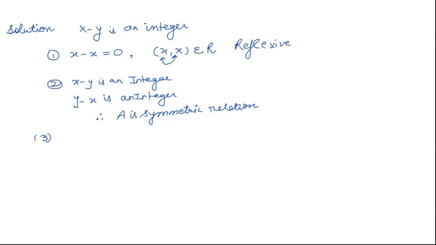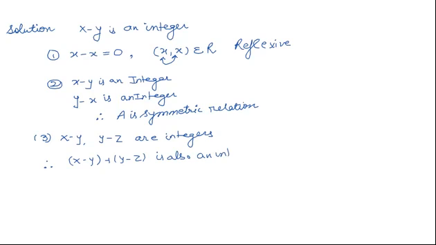Now we need to check for transitivity. If we have two integers, x minus y and another integer y minus z, and we know that the sum of two integers is again an integer, therefore x minus y plus y minus z is also an integer, and that gives x minus z is an integer.